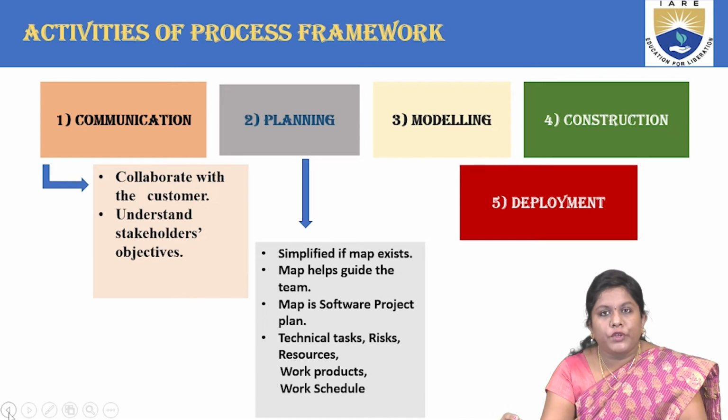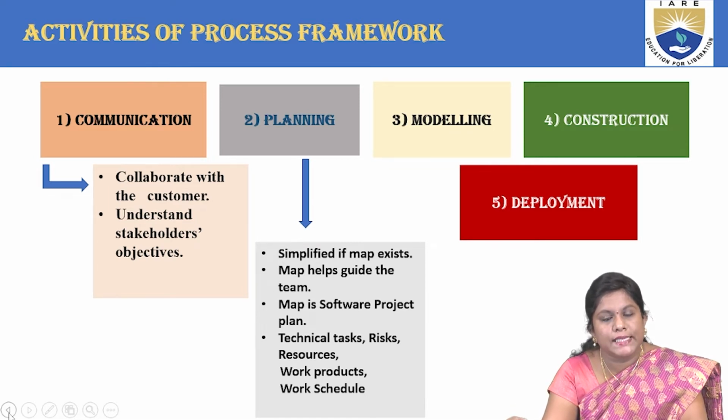the activities of the process framework. Here we have 5 major activities for a process framework: communication, planning, modeling, construction, and deployment. These are the 5 basic activities of a process framework.